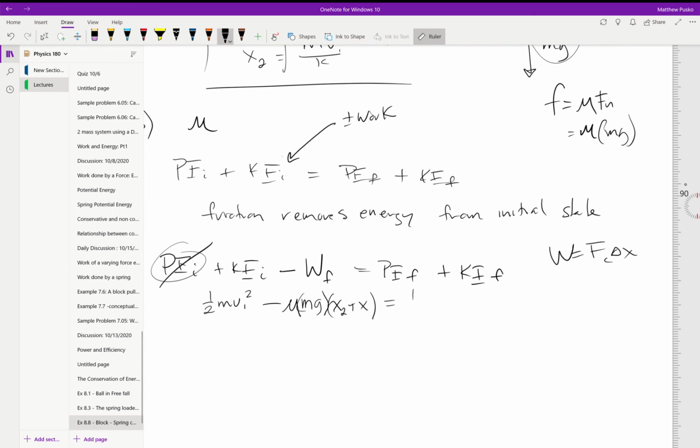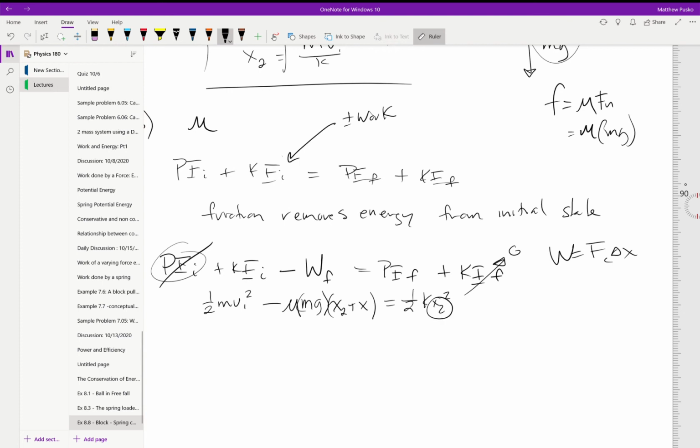And that's going to equal however much it compresses the spring if it comes to rest again, 1/2 kx2 squared. And we have the kinetic energy going to 0 in its final state. So what we end up with now is a quadratic.